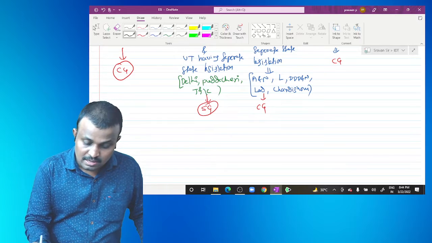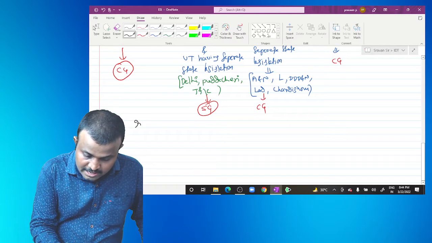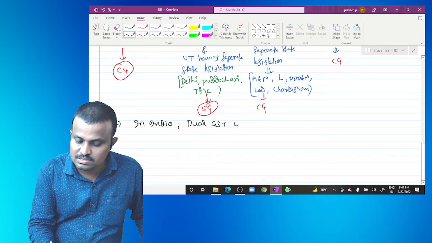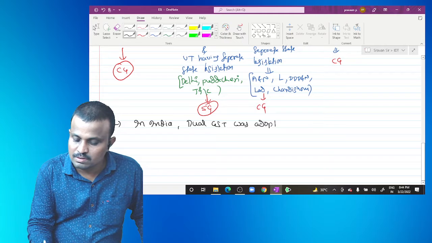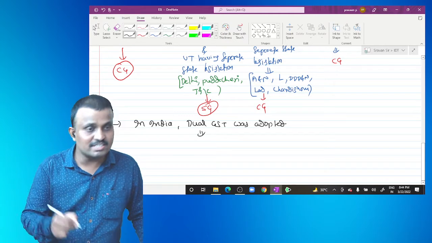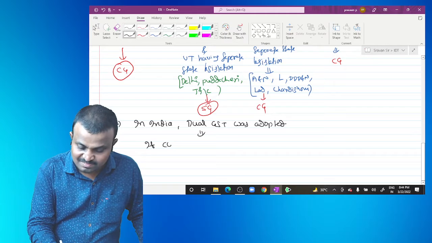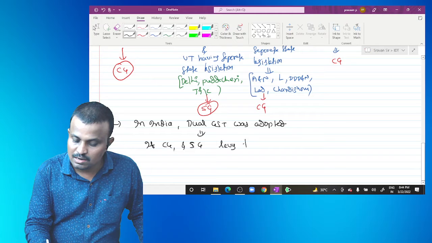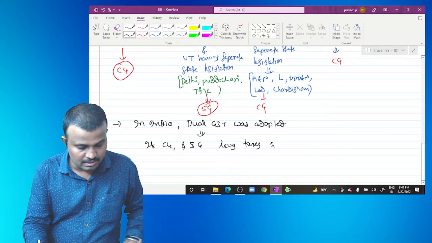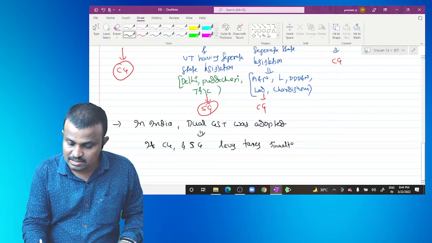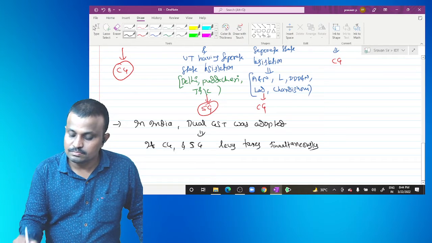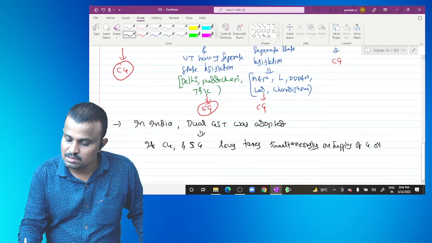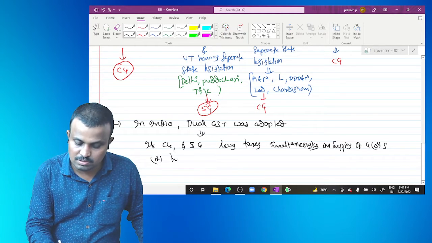Dual GST means the central government and state government levy taxes simultaneously on supply of goods or services or both.